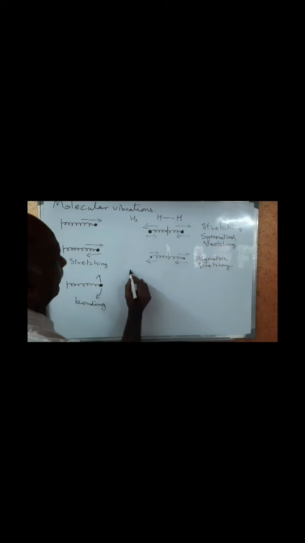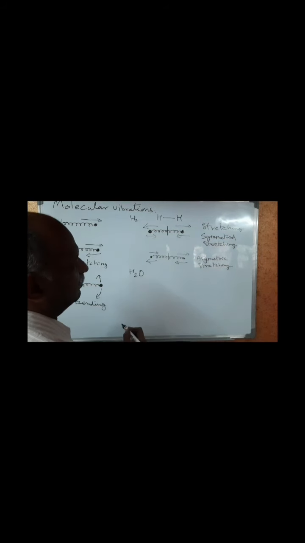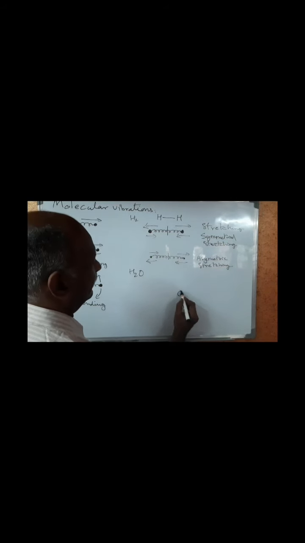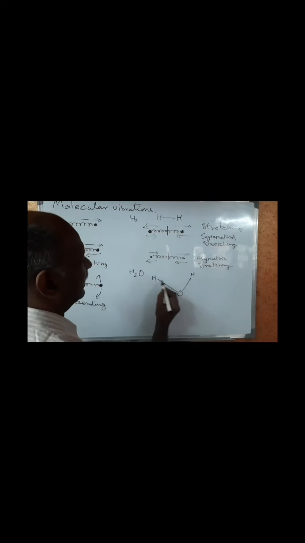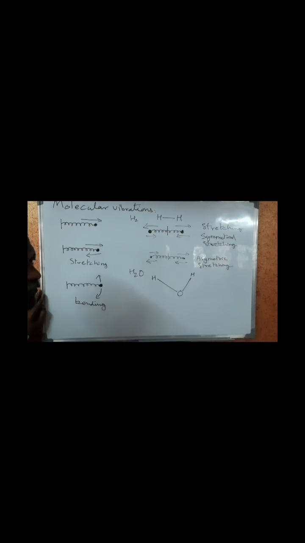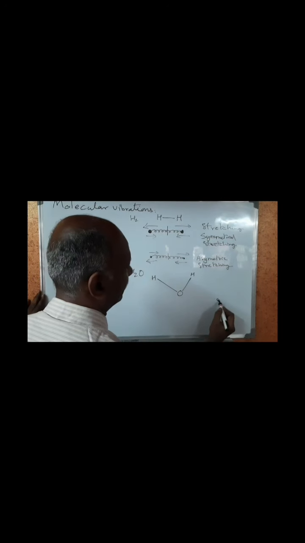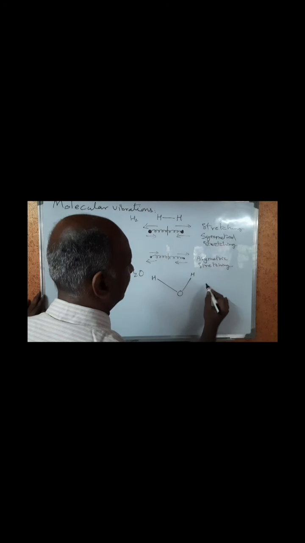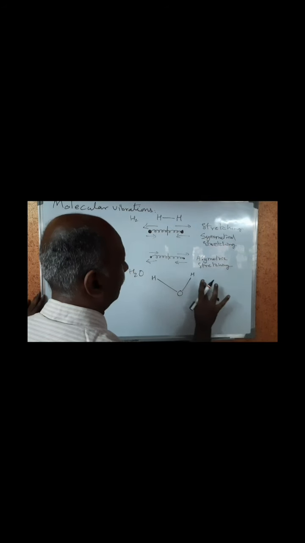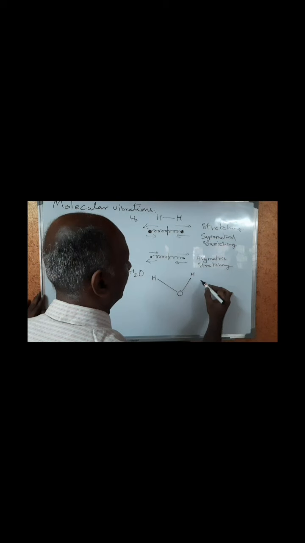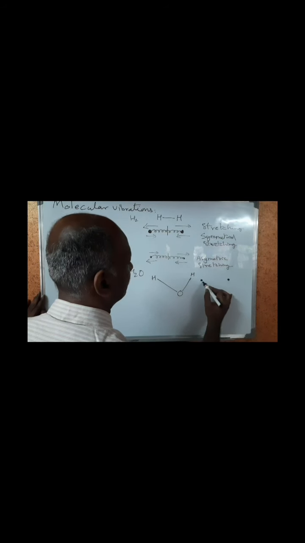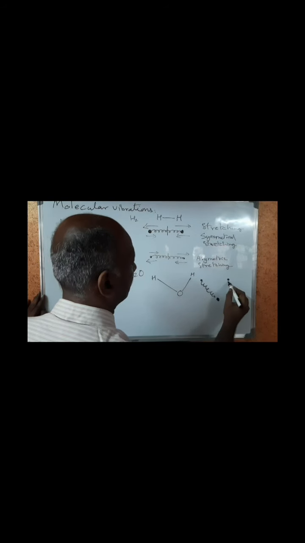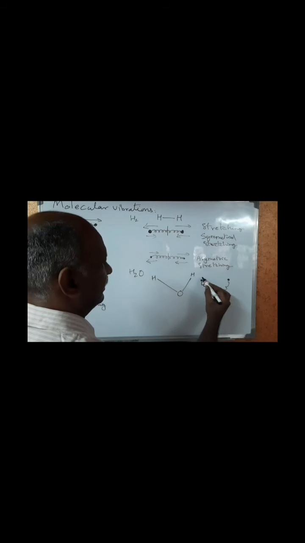Let us consider another molecule, namely water, H2O, where a hydrogen is connected with oxygen and another hydrogen is connected with oxygen. See, these are all spring-like structures. In such a situation, it can bend.